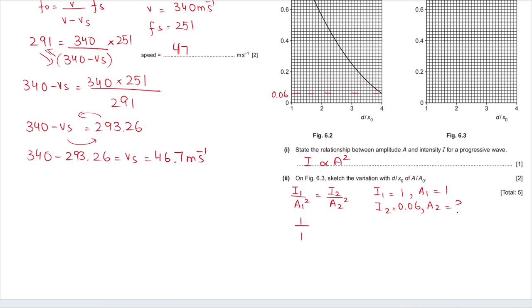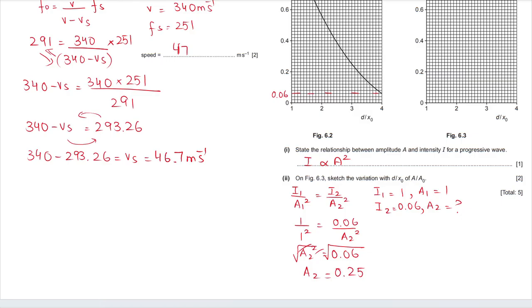I1 is 1 over 1 squared, I2 is 0.06 over A2 squared. 1 over 1 is 1, this A2 squared comes here, equals 0.06. We have to take the square root on both sides and once you take the square root of 0.06, what do we get? Okay? So the square root of 0.06 is 0.25.